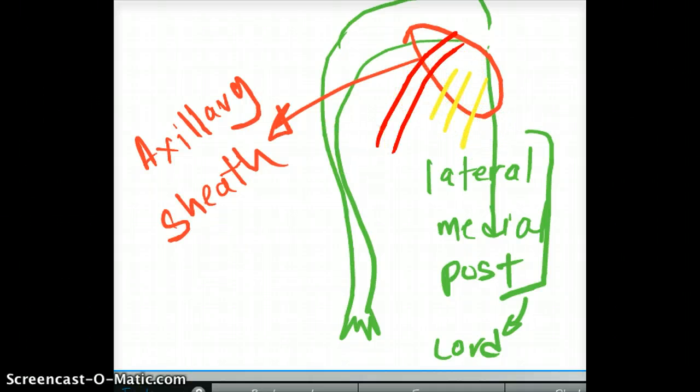Now, imagine that there is an aneurysm inside this axillary artery. Imagine that this is the aneurysm. What's going to happen? It's going to affect the cords, maybe one or more of the cords, depending on the severity of the condition.